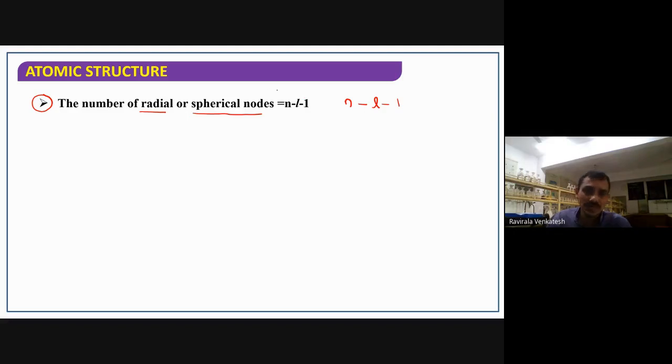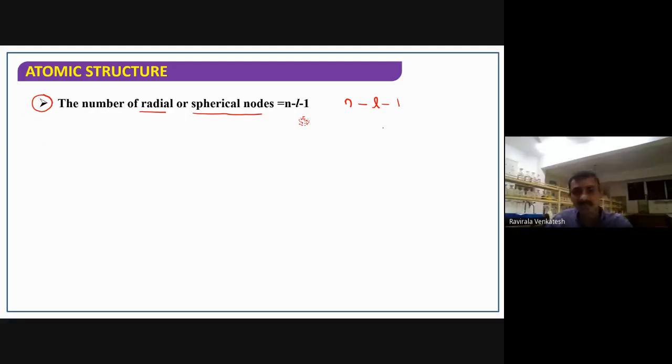What does a node mean? Just now we saw the orbital definition. The probability of finding the electron is 95%, that is called an orbital. Now what is a node? Node means very simple: the probability of finding the electron is 0. You are not observing any electron in that space.